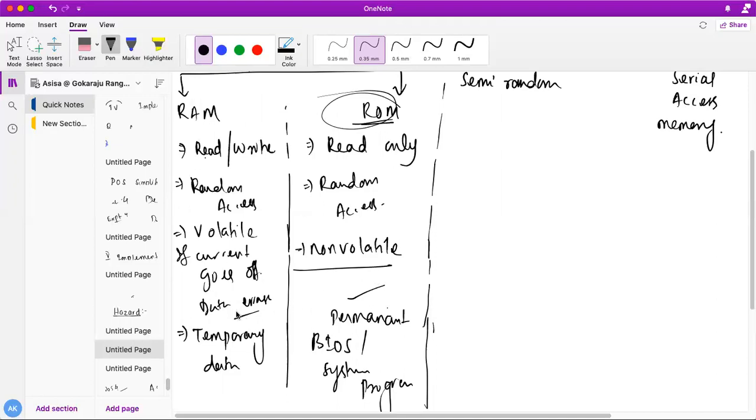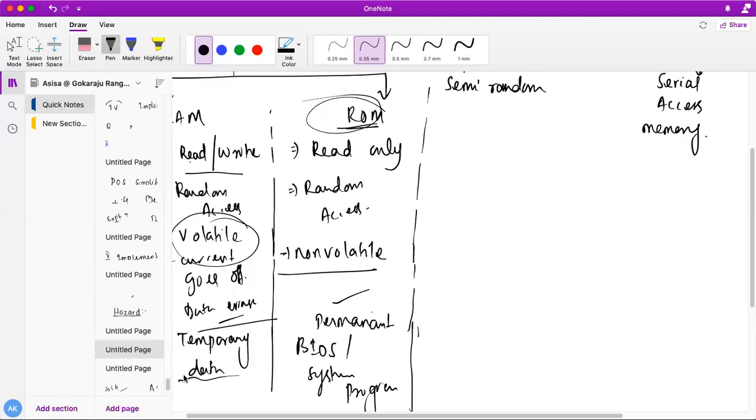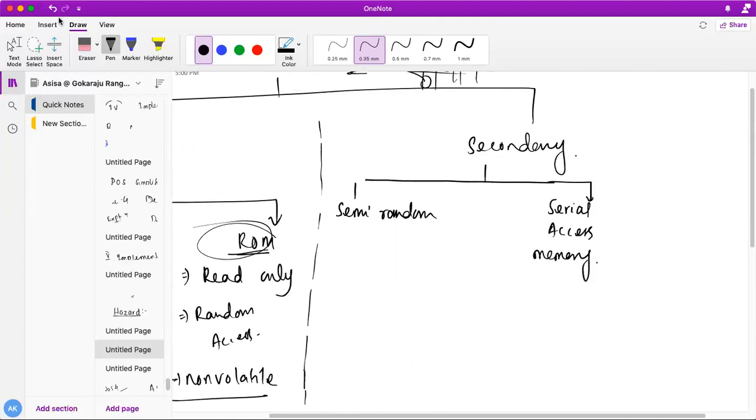RAM is random access memory, helpful for read and write, and it is volatile, so data will be erased if current goes off, and it holds temporary data. Next we'll move to primary and secondary memory.